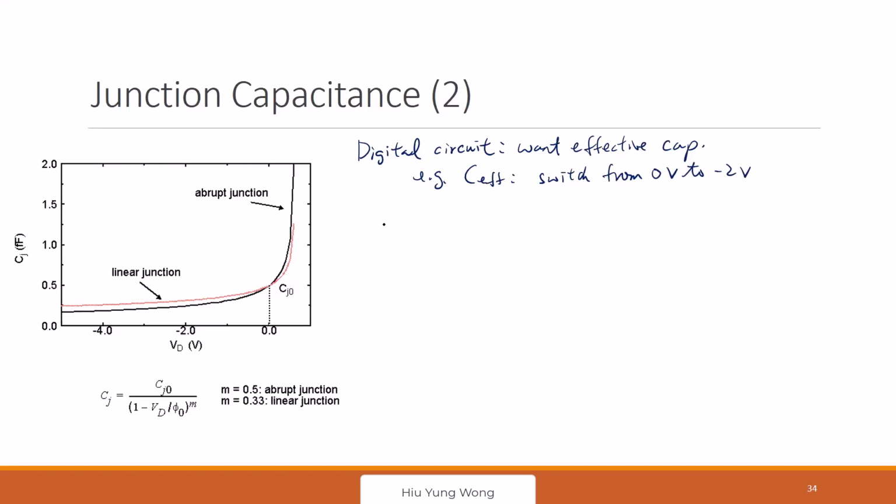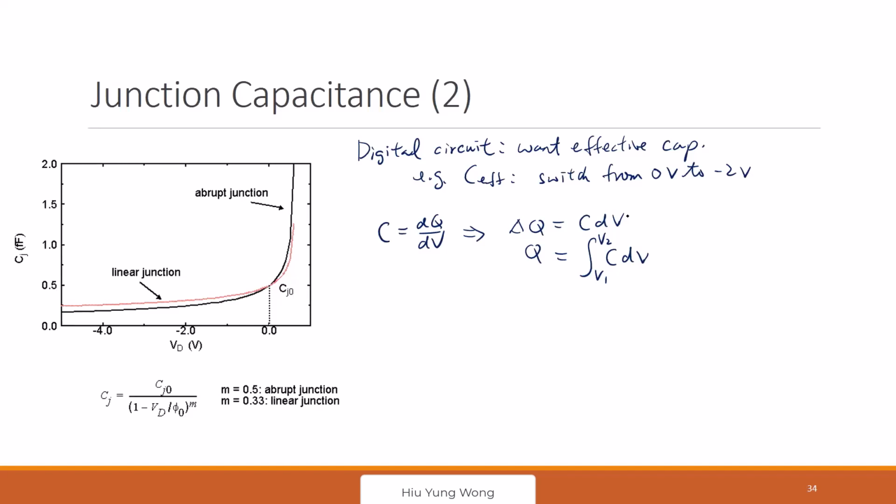Then we just use the equation. We know C equals dQ/dV. As a result, delta Q is just equal to C dV. So the total charge is the integration from V1 to V2. That's how we find the total charge.